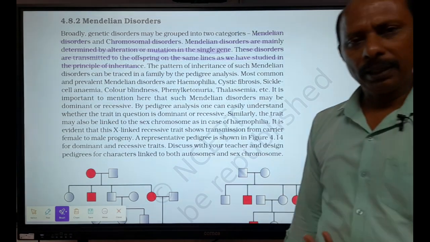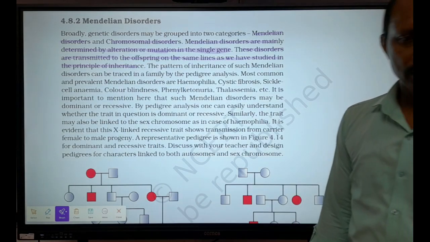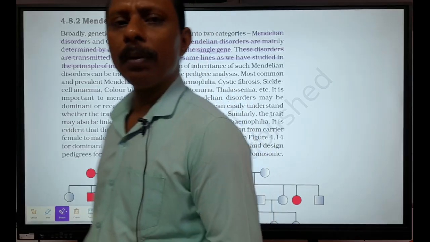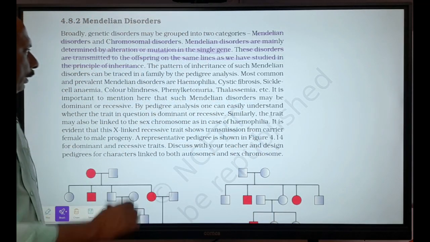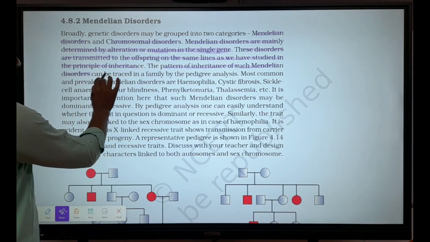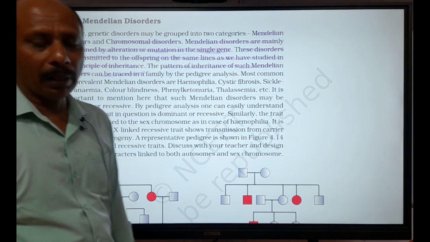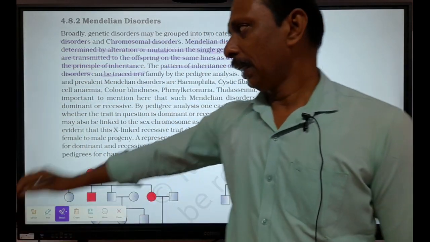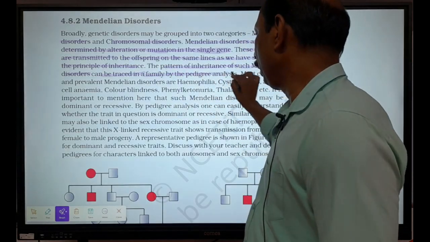Mendelian means law of dominance, law of segregation, right? Third, the pattern of inheritance of such Mendelian disorders can be traced in the family by pedigree analysis. That is given here.